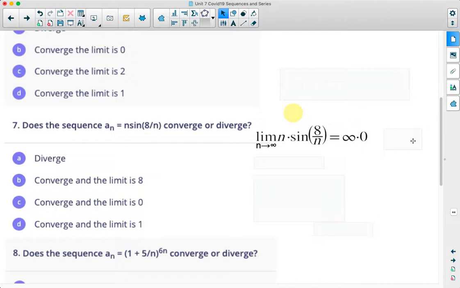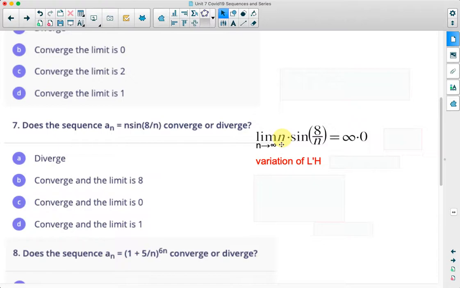So what you have in this limit is an infinity times 0. And way back when we studied L'Hopital's, this was a variation of L'Hopital's. Infinity times 0 can be algebraically changed to become a L'Hopital's acceptable form. What we need to do here, and I think the easiest way, is take this n and move it to the denominator.